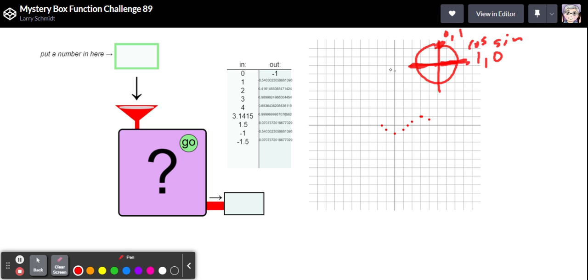Let's try this one. At pi, we're at the point -1, 0. And we are at the point +1. So it seems to be cosine right there, but the opposite of what you'd expect for cosine here, and the opposite of what you'd expect for cosine there.